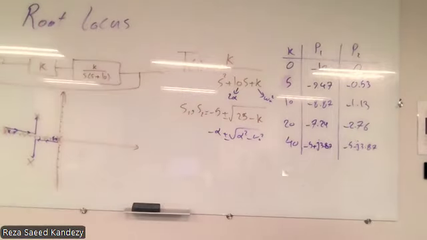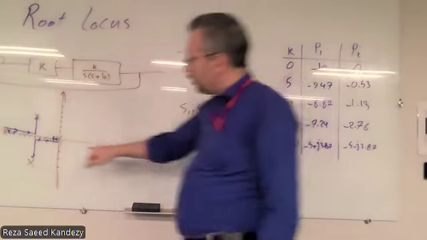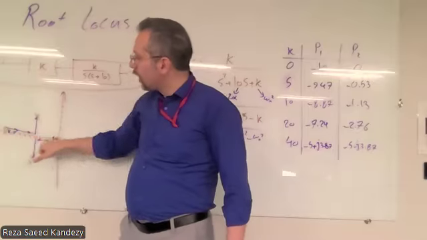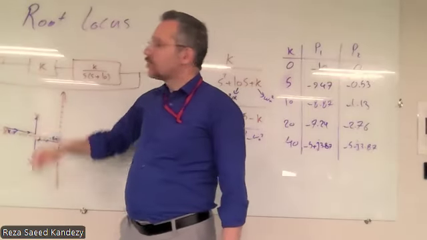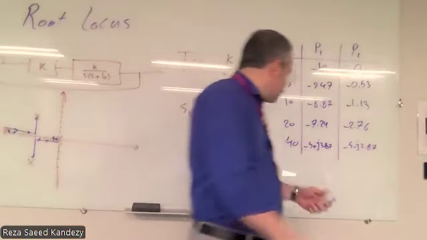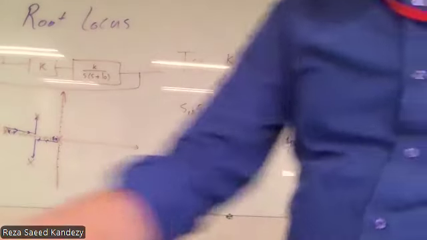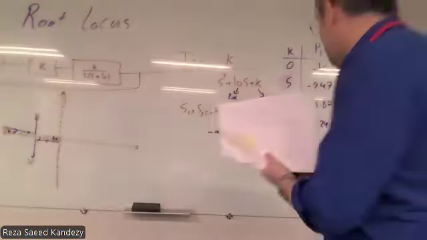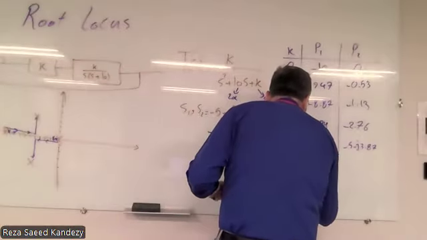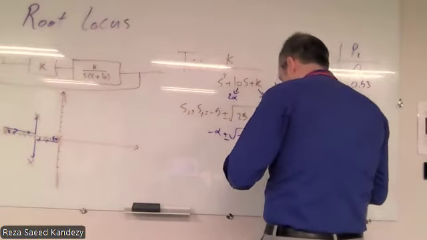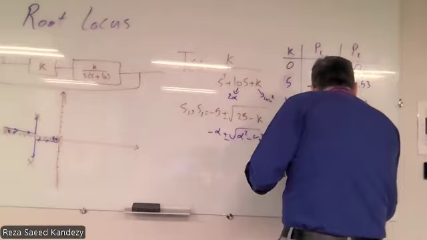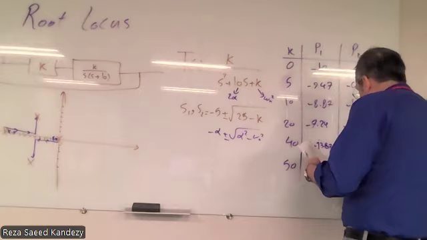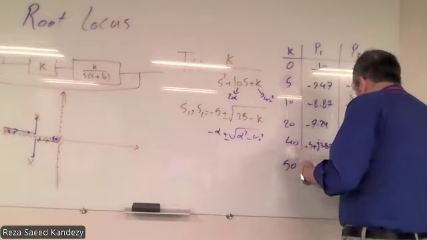So by changing the K, I saw that my poles are moving, and I can have the trajectory of those movements. Now, let me actually run a larger K, like 50. At 50, I have -5 plus J5 and -5 minus J5.